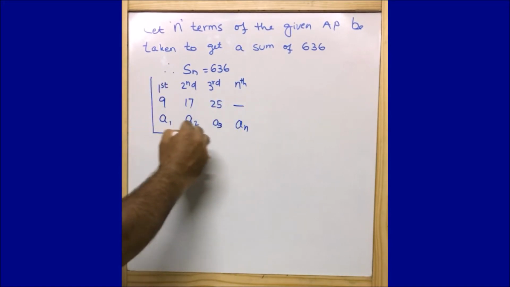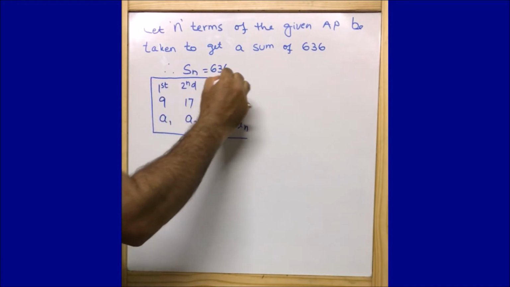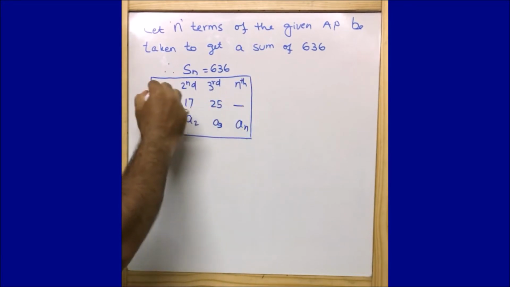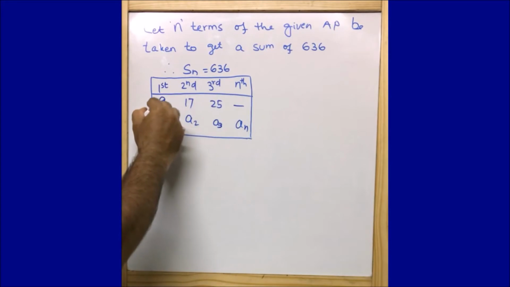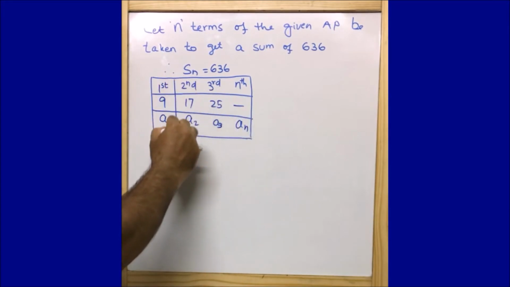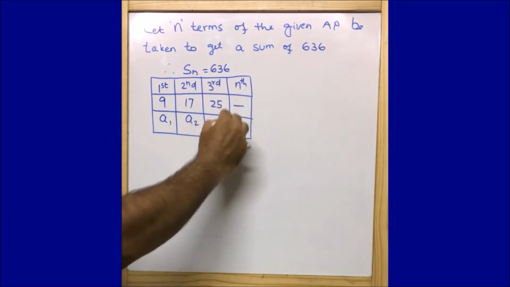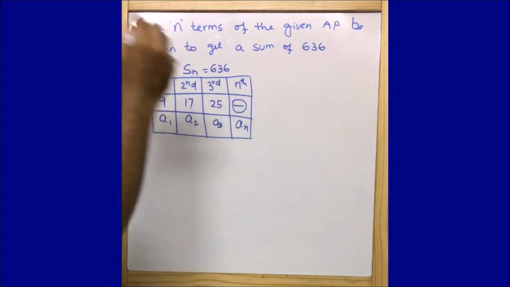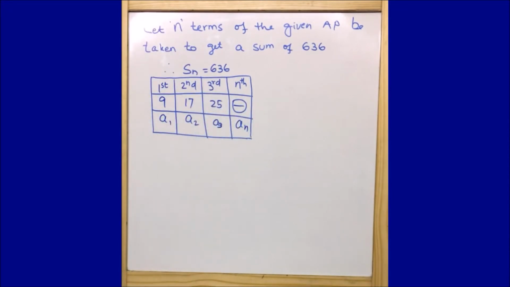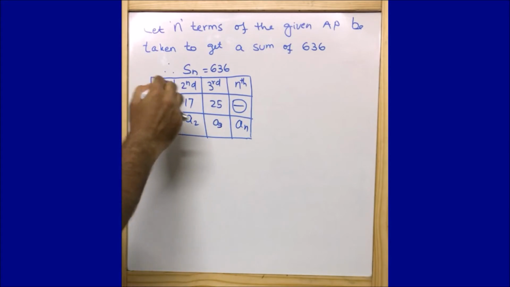Okay, so this is the data that we have with us. They have given Sn as 636 and three terms of the AP, and first of all we are going to find out this value. Let us first solve this equation.